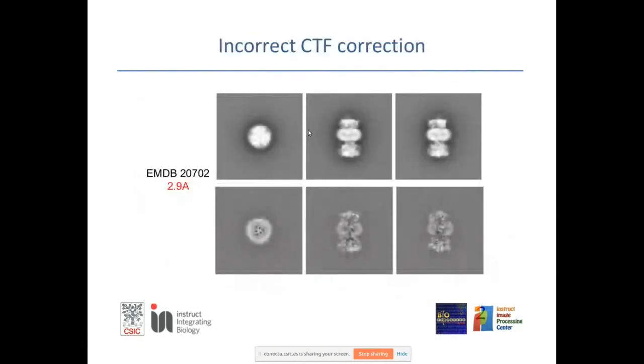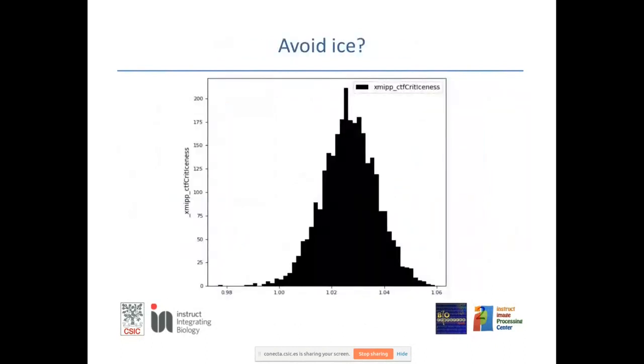And if you are very strict about having no ice at all, then in this particular data set, you would have almost no micrographs. Before, I was really a critic of having ice, but now with this data set I have changed my mind a bit.